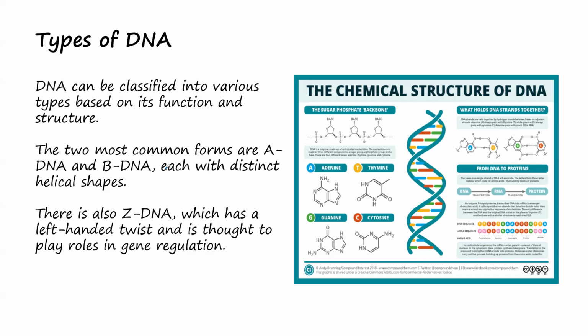So actually we have three different types of DNA: A-DNA, B-DNA, and Z-DNA. The Z-DNA is left-handed and plays a crucial role in gene regulation. We are going to see them one after the other.